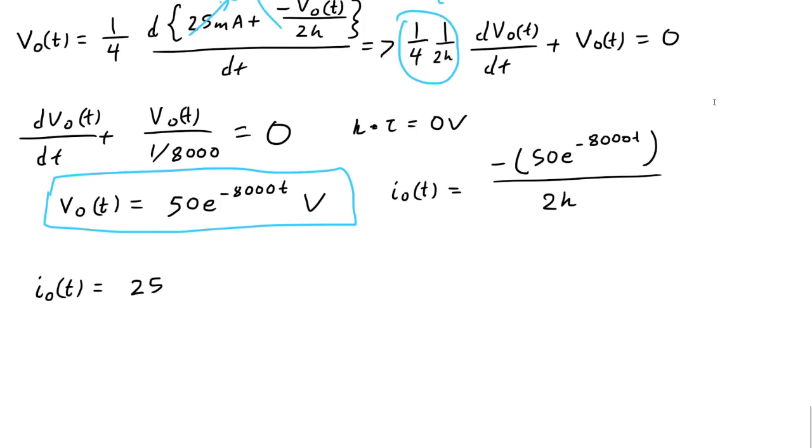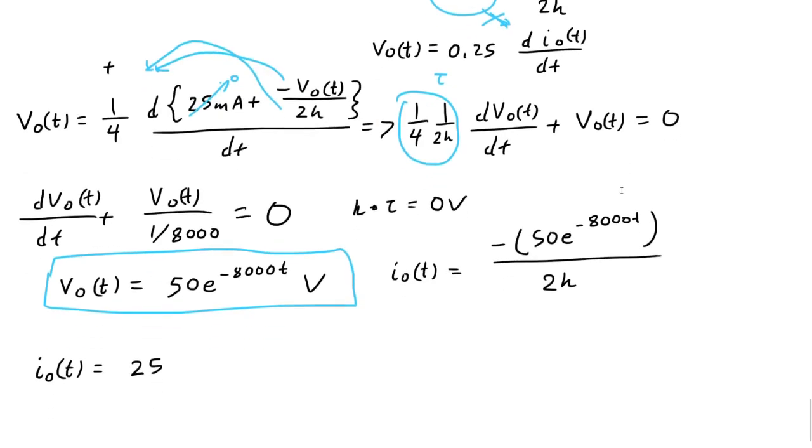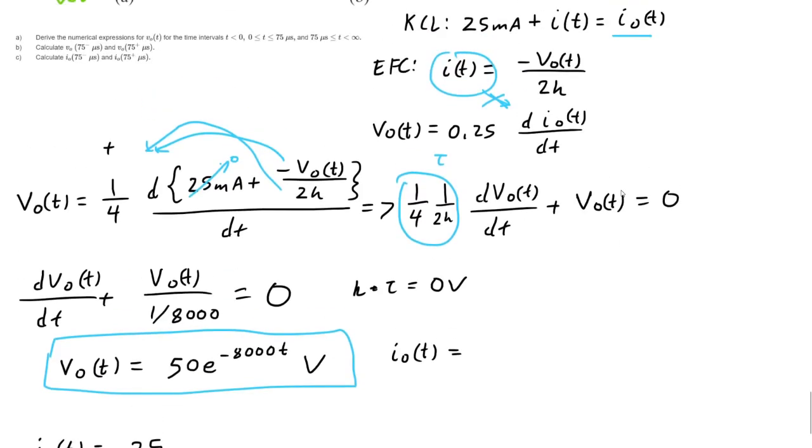Wait, hold on. Am I missing something? Oh, yes. I'm sorry. I knew it looked wrong. We have an expression for Io(t) is 25 milliamps plus minus Vo(t) over 2K.